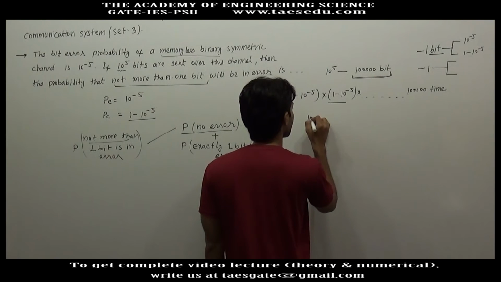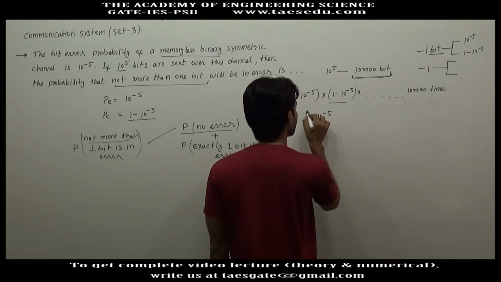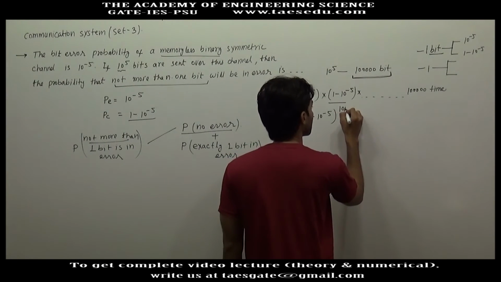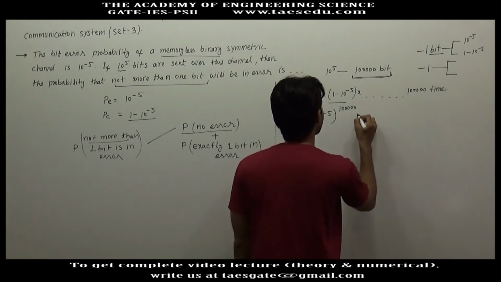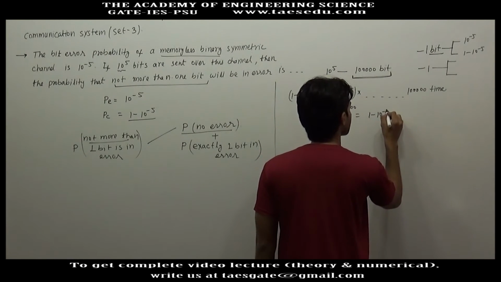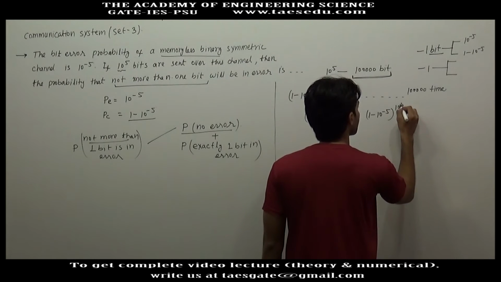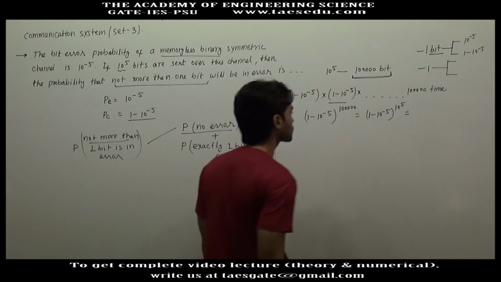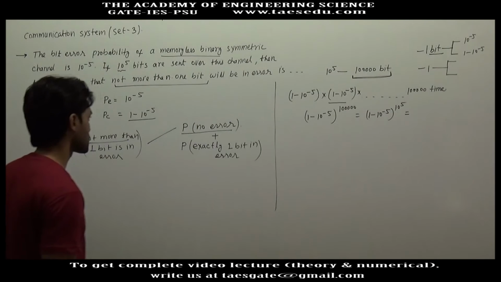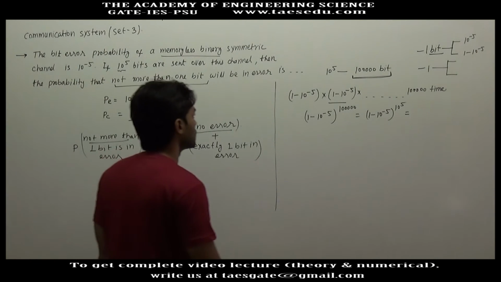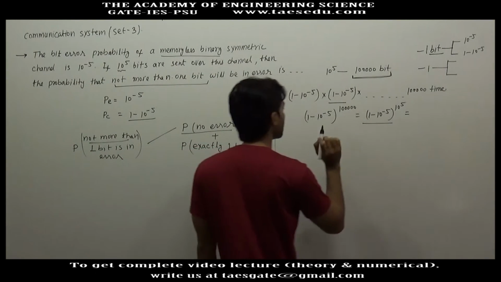So we have to find out 1 minus 10 to power minus 5, whole to power 10 to power 5. This is the probability that no bit will be in error.